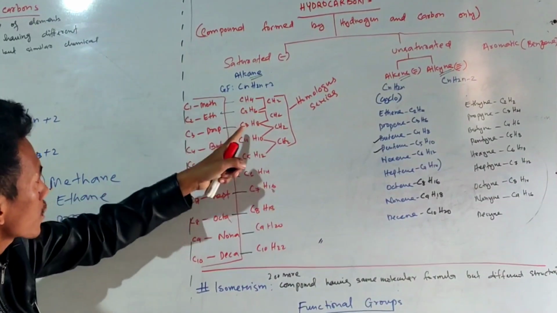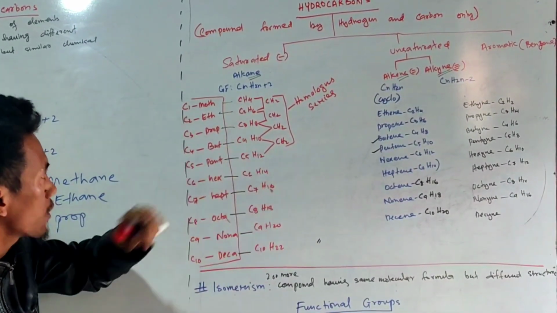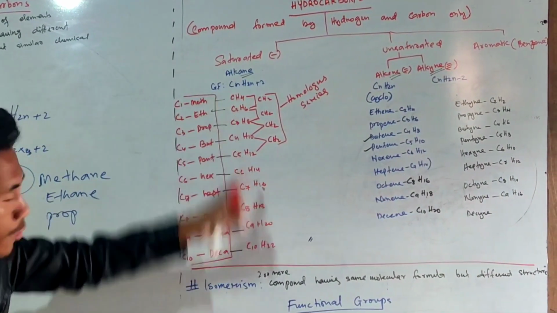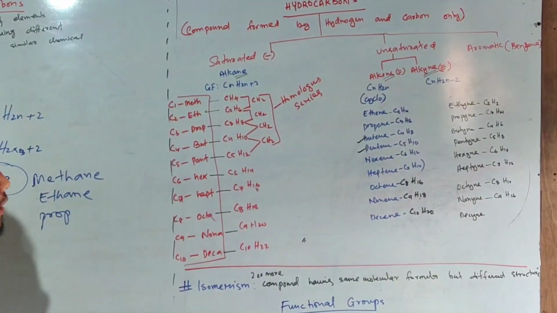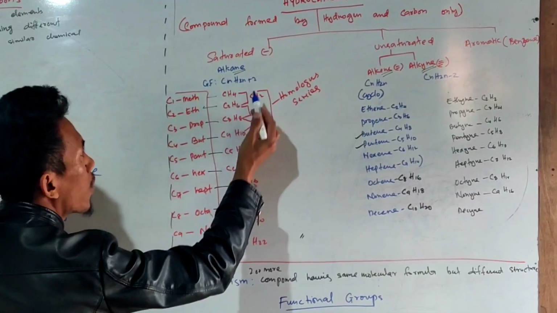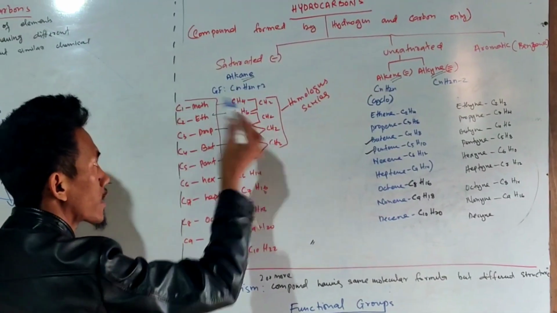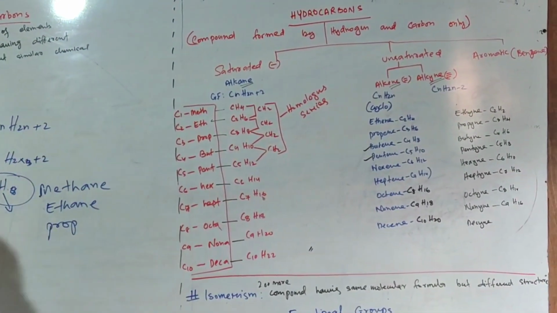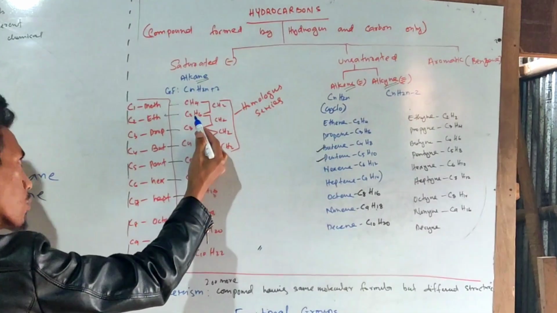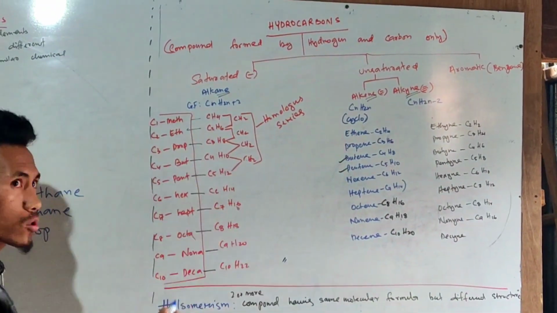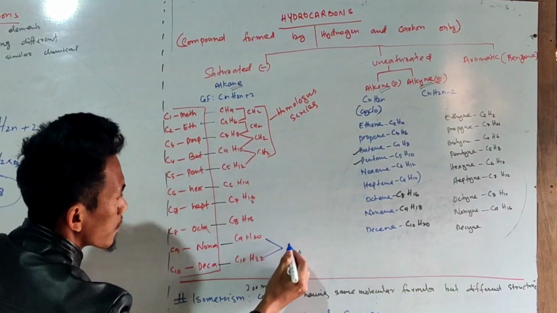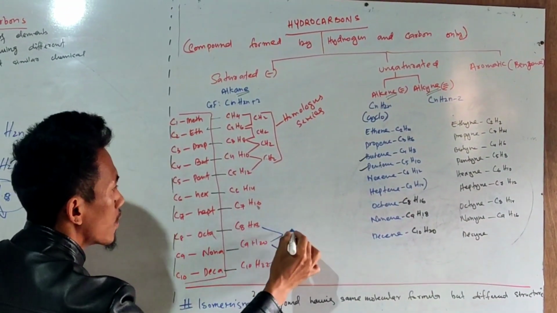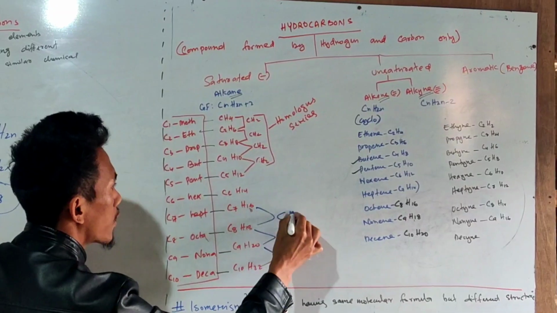Now, look at this carefully. CH4, C2H6, C3H8, C4H10. When these are arranged in a systematic way, in a series, the first and second elements differ by CH2. The second and third also differ by CH2.